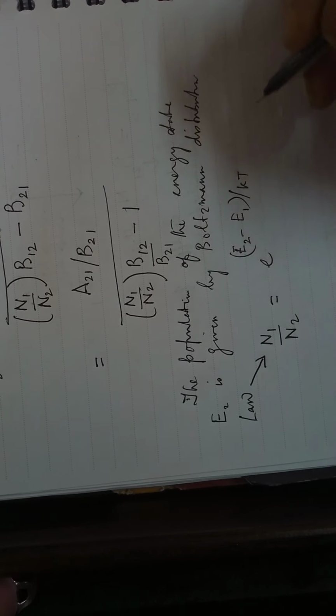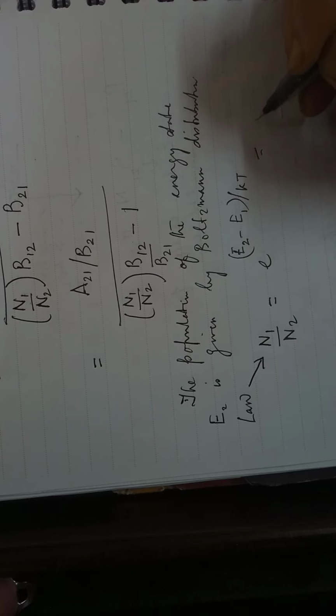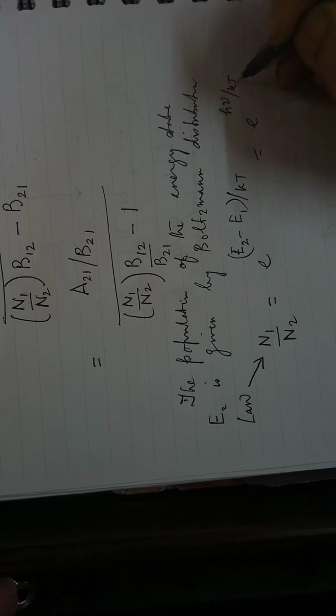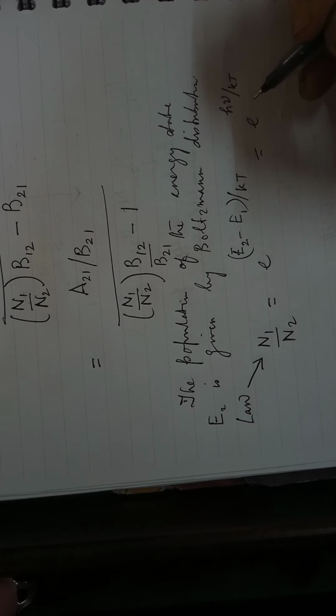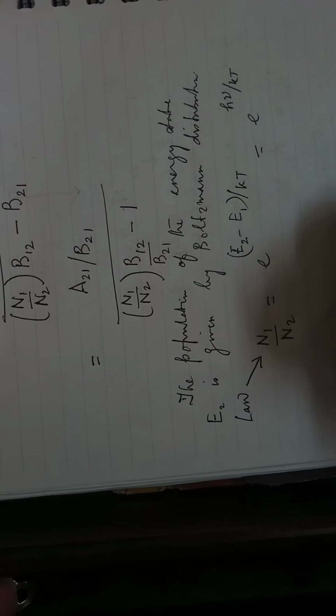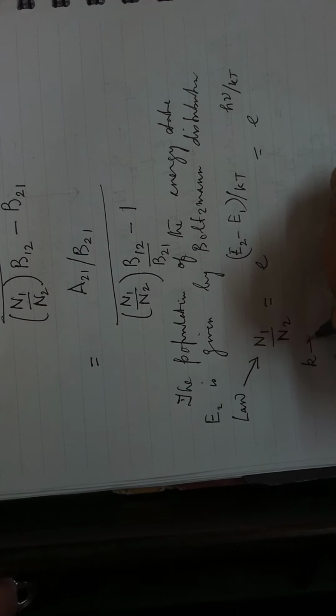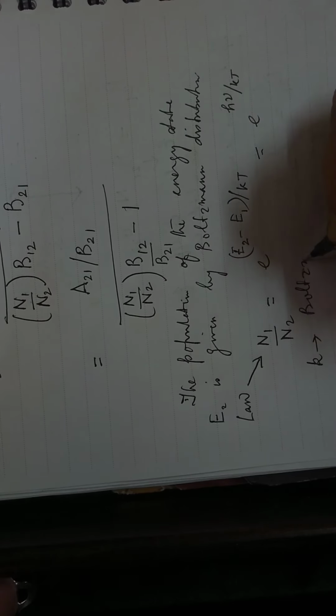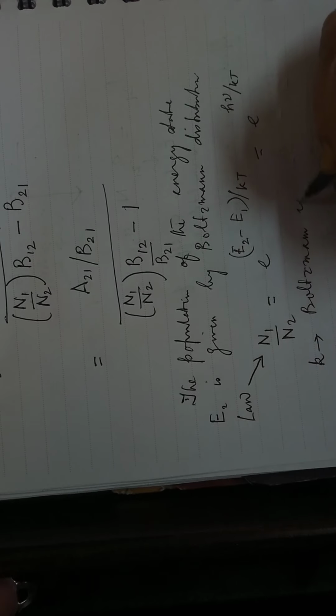What is E2 minus E1? In case of photons, it is equal to e to the power h nu by KT. You have seen it in Planck's radiation law, isn't it? What is small k? K is your Boltzmann constant.